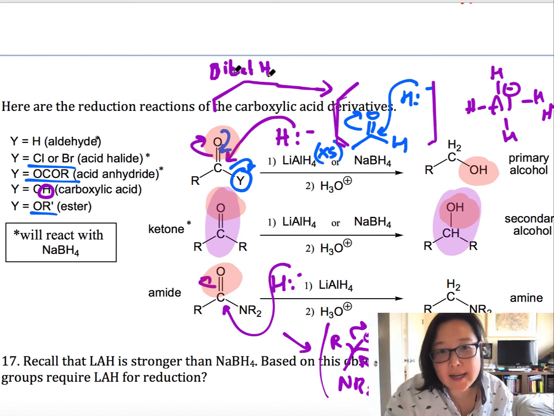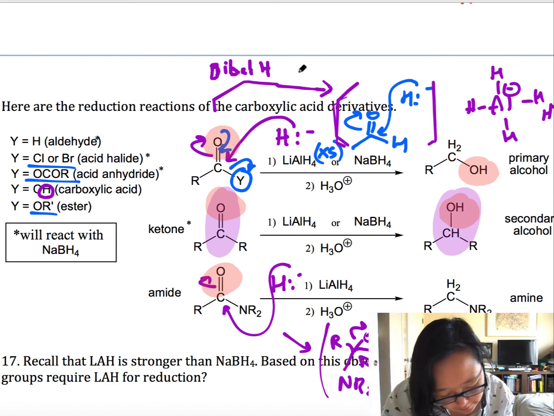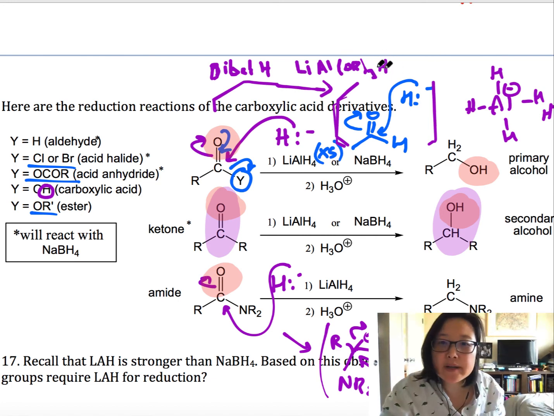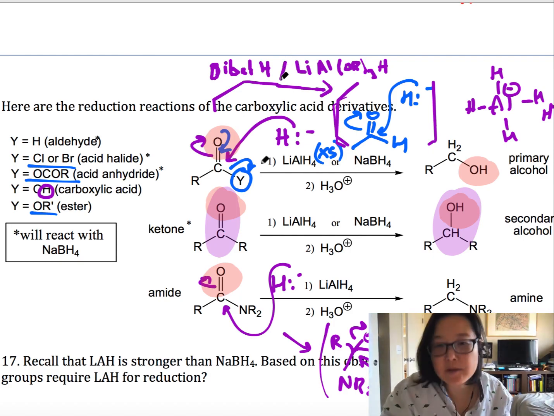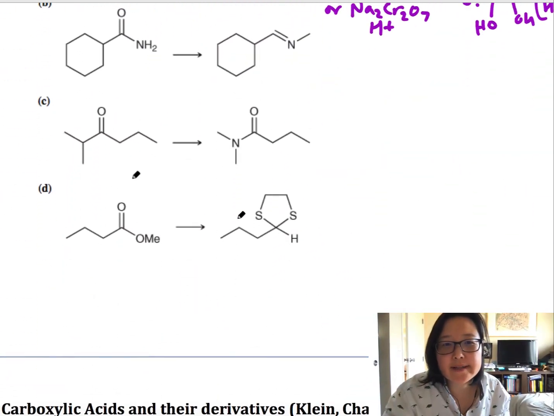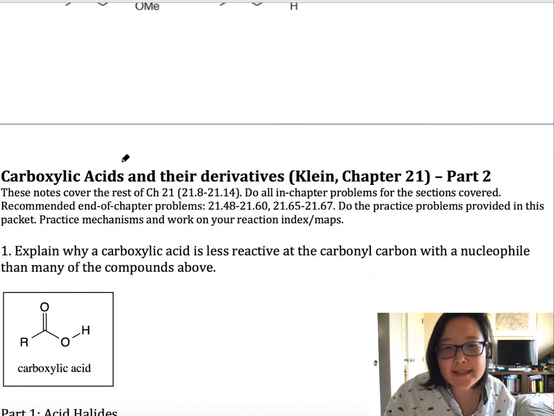Okay, so I would put it as DIBAL-H, or in the book you often see it as lithium with, instead of aluminum with 4 hydrides, you have aluminum with these 3 OR groups, and then an H. Okay, so that delivers one equivalent of H here, and then leaves you at your aldehyde. All right, so that is something that you might see in these problems as well. So we'll come back to that, and next time we'll cover this.